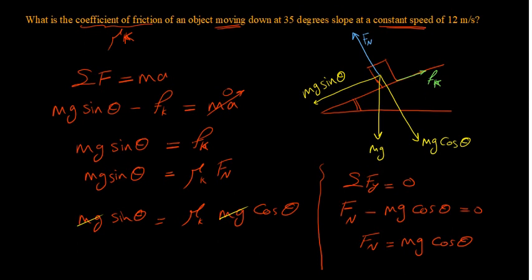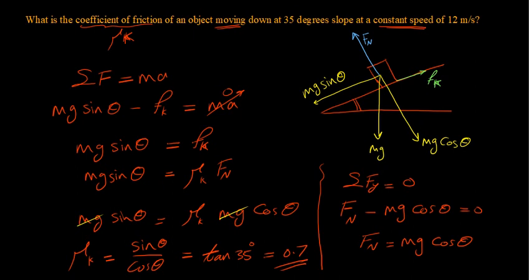Now we can find this coefficient simply by saying sine theta over cosine theta, and this is exactly the tan of our angle, which has been given from the start, tan 35. So let's find how much tan 35 is. It will equal 0.7. That's the kinetic coefficient of friction for this surface.